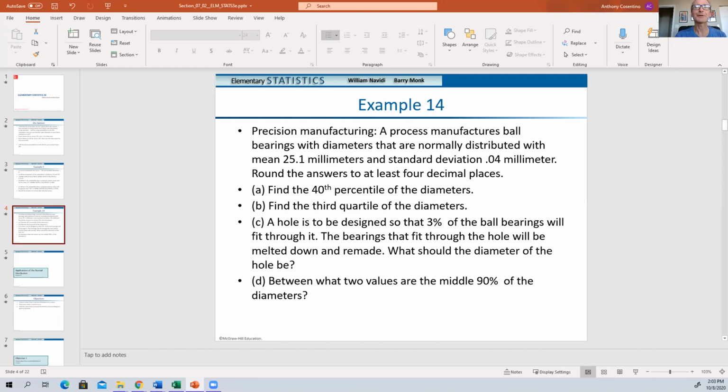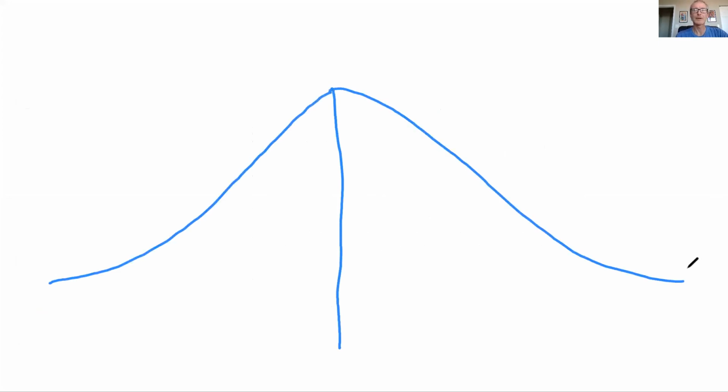And so let me show you what this bell curve looks like. If that's the mean, we said M is 25.1 and the standard deviation was 0.04.